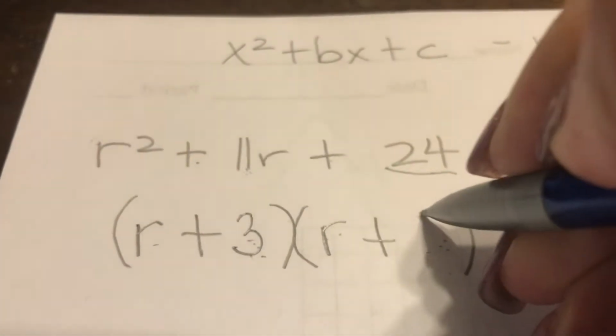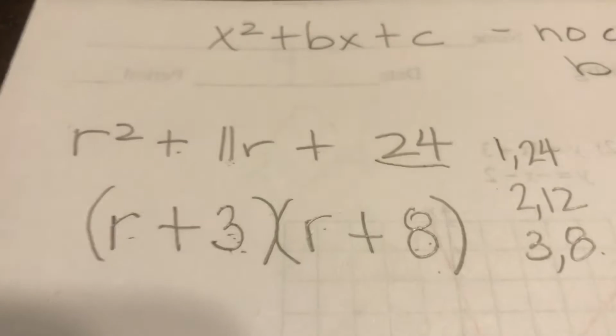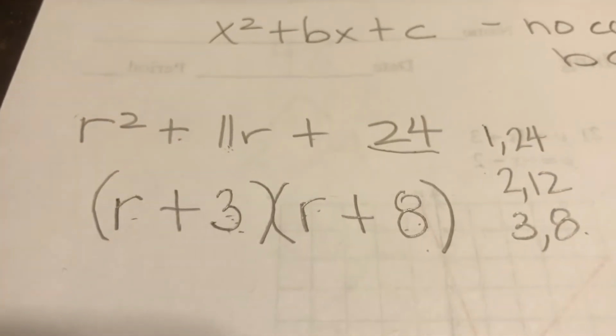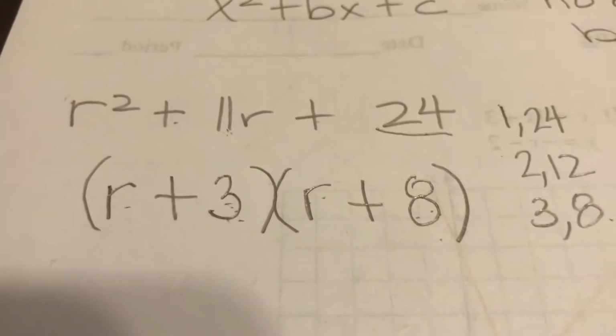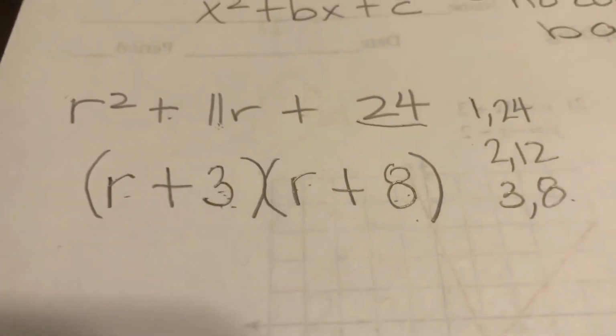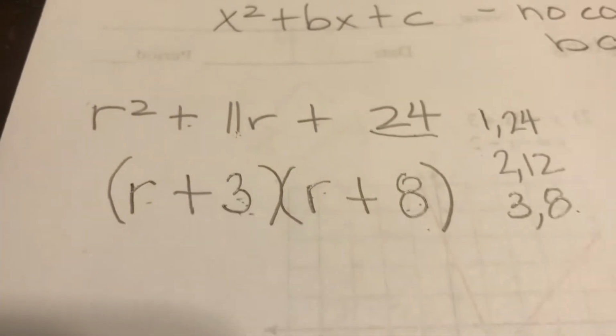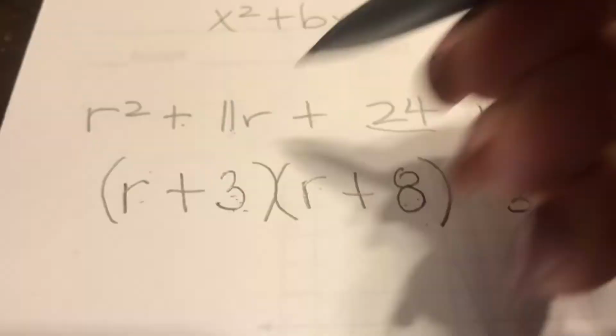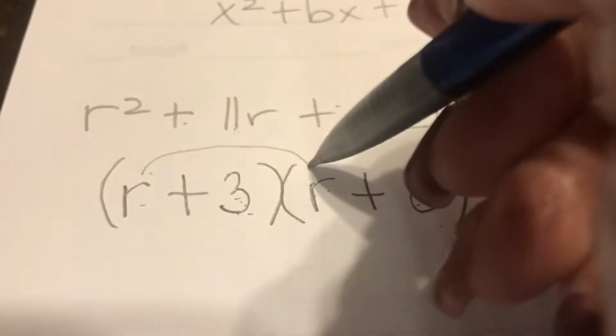So the way that this would break down would be the quantity r plus 3 times the quantity r plus 8. And it doesn't matter if you put the quantity r plus 8 times the quantity r plus 3, as long as you have those two binomials. Then to check it, we're going to do FOIL and make sure we get back to this. R times r is r squared.